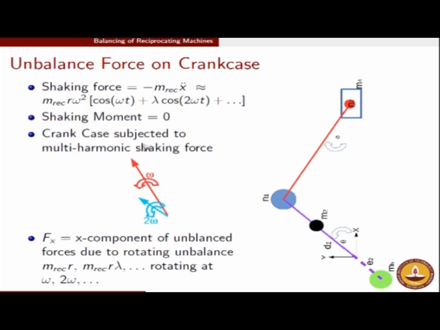So these shaking forces which are induced are equivalent to the shaking forces which would have been induced due to rotating unbalance of m_rec r rotating at omega and m_rec r lambda by 4 rotating at 2 omega. Again, apologies, I have missed out that factor by 4 in the slide over here.